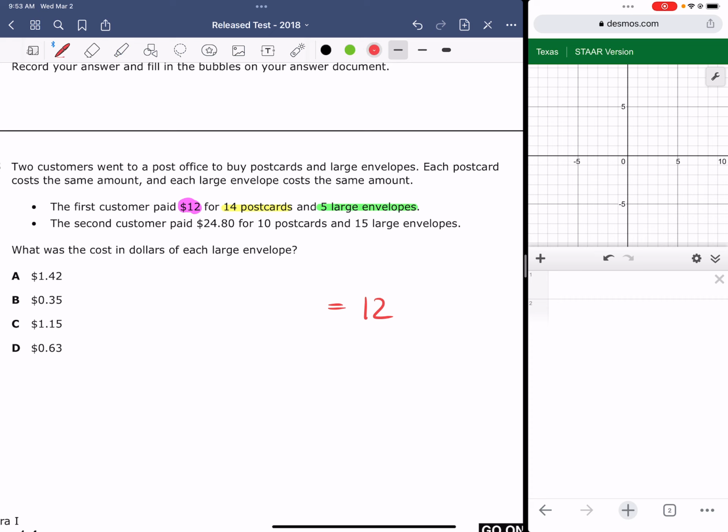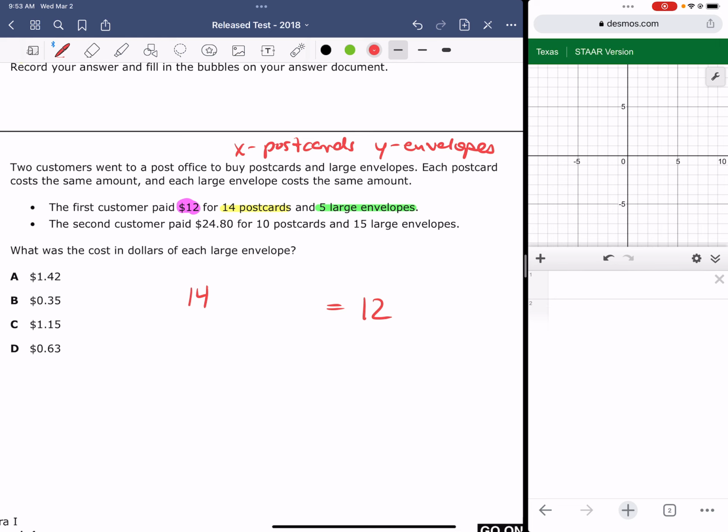If we call our postcards X and our envelopes Y, we'll be able to set up a system of equations. What we see from the first bullet point is that we will have 14 postcards, which is X, and 5 large envelopes, which is Y. This is our first equation in our system.